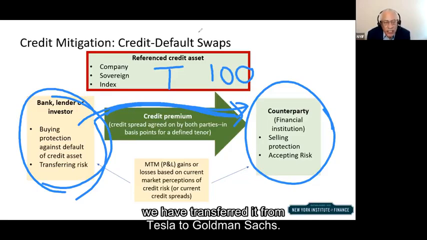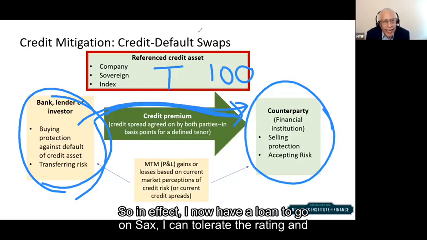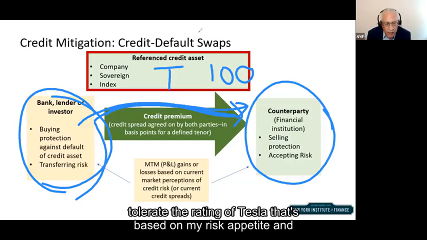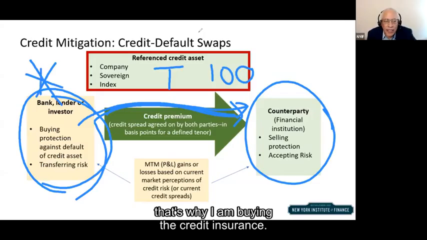We have transferred it from Tesla to Goldman Sachs. So in effect, I now have a loan to Goldman Sachs, and I can tolerate the rating and probability of default for Goldman Sachs more than I can tolerate the rating of Tesla. That's based on my risk appetite, and that's why I am buying the credit insurance.